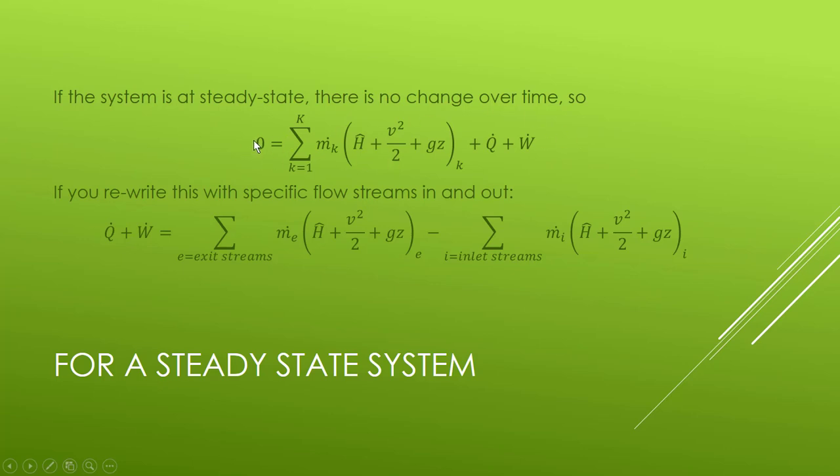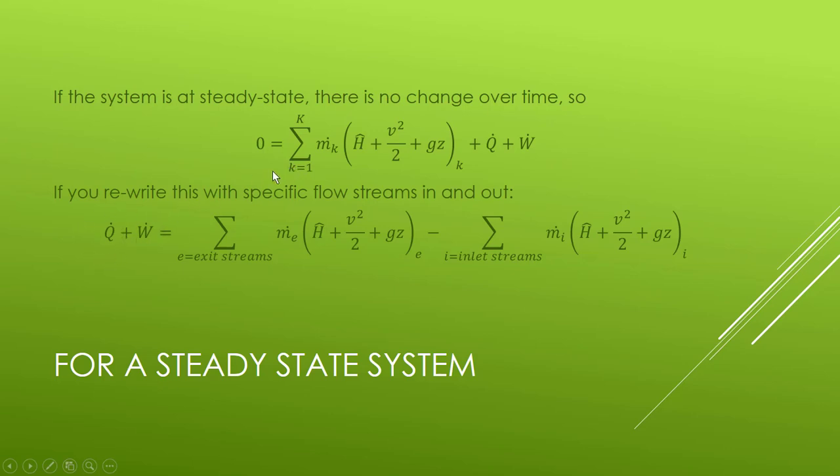And this is great, but it is a little confusing and probably not the form you're most accustomed to seeing. A lot of times we will just simply rearrange these so that we isolate the Q and W on one side. And then here we are going to separate out for all of the various ways that mass can cross in or out. Let's just look at it as a stream entering or exiting.